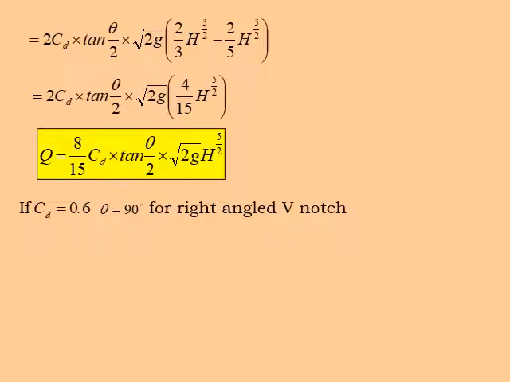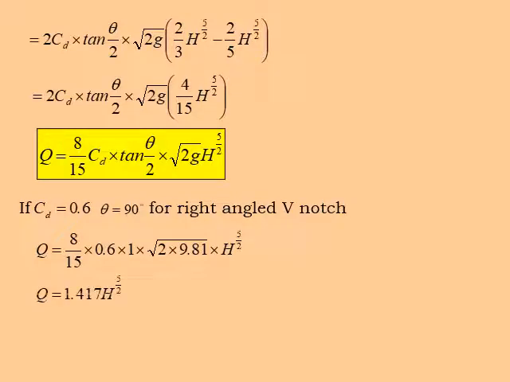So if CD is equal to 0.6 and theta is equal to 90 degrees, the V notch angle is 90 degrees. Now this expression gets reduced further as Q is equal to 8 by 15 into 0.6 into tan 90 by 2, which is tan 45, equal to 1, into square root of 2 into g (9.81) and h power 5 by 2.